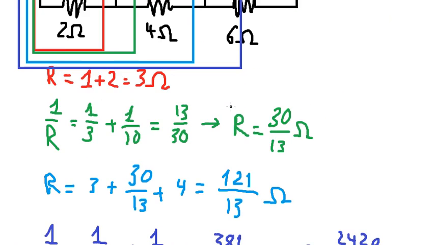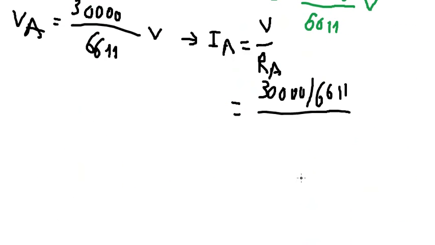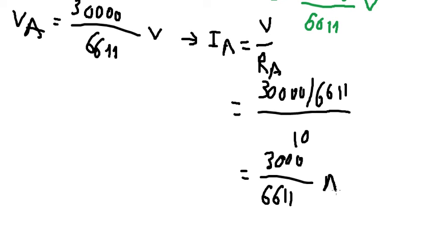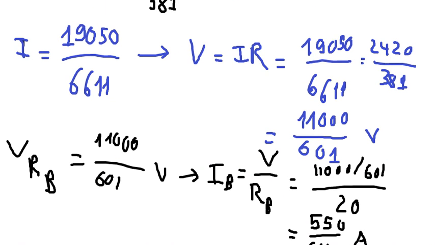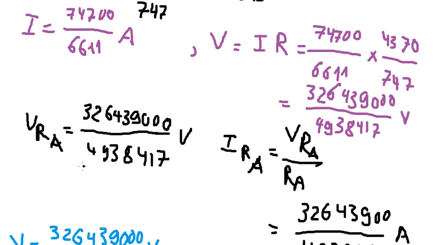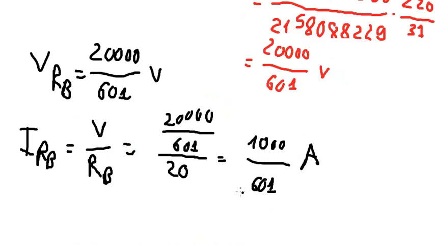And 8, that is number 10. So we have 3000 over 6611 amperes in here. So after you got everything, VA, I8, VB, IB, and this one too.